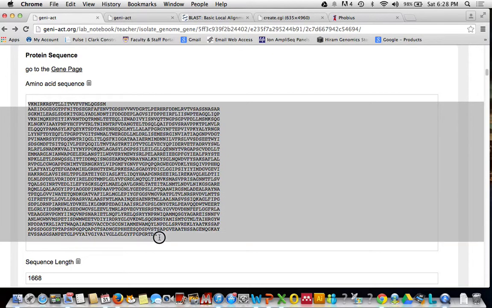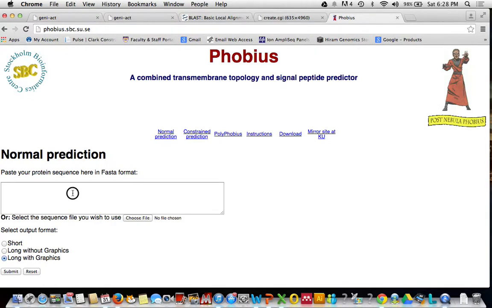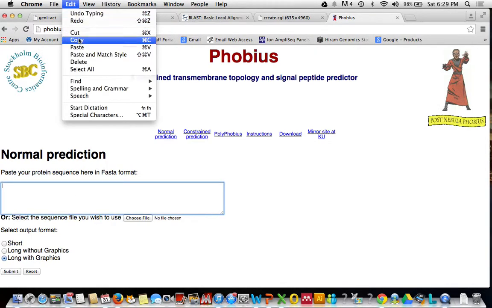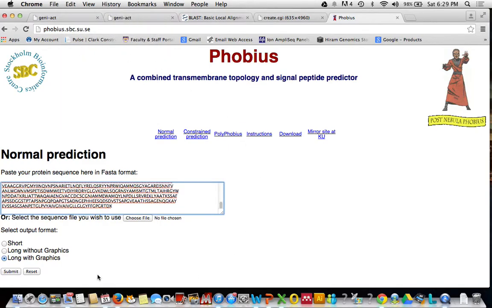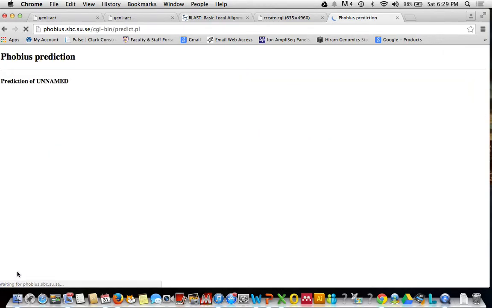Then you copy and paste your protein sequence into Phobius. Okay, we've pasted it. Select your output format. It should be long with graphics. And then hit submit.